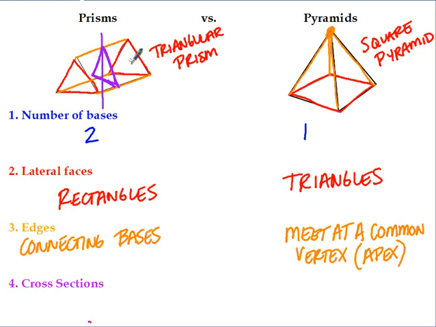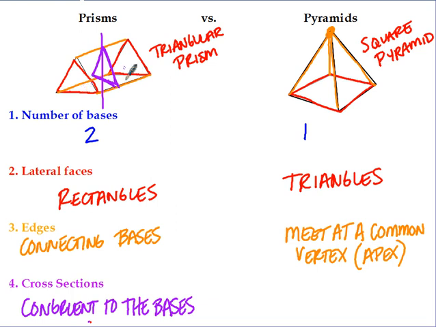So all of your cross sections are going to be congruent to the bases. So no matter where I make a cut, if I were to cut this anywhere along here, all of those cuts would look exactly the same. They would all be triangles.